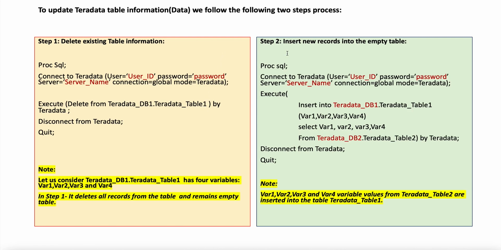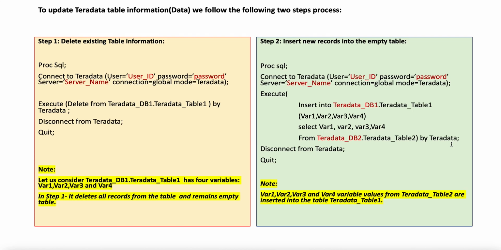Let me explain step 2. Again, in case of step 2, we use the proc sql pass-through method. Proc sql connect to Teradata. We provide user ID, password, server name, connection global, and mode Teradata. Then execute insert into this empty table, teradata_db1.teradata_table1, where it has 4 variables, var1, var2, var3 and var4, and select the values of those 4 variables from Teradata table 2.